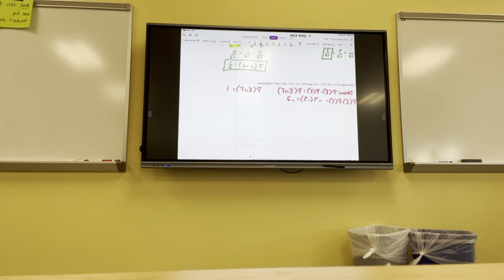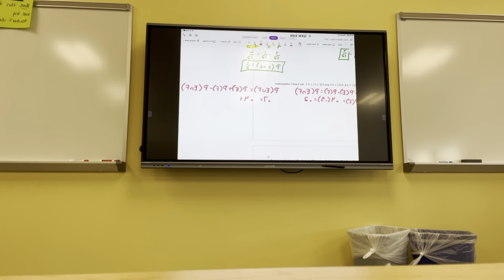So the union equals the probability of each one added together minus the probability of the intersection. We're given the union. We know each individual probability.